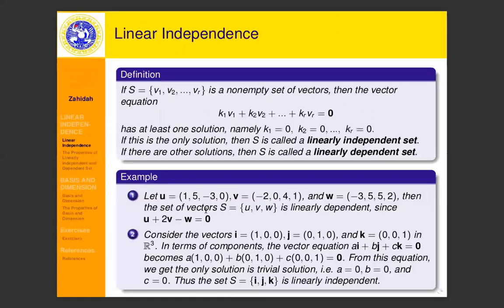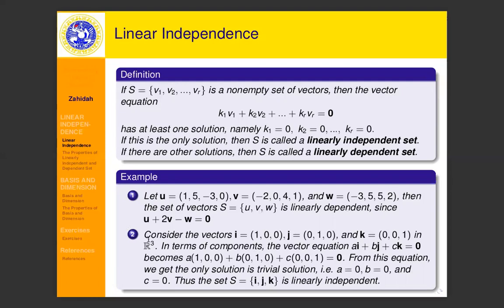Okay, if you take a look at this, like I said before, our vector W here can be expressed as a linear combination of vector U and vector V. That's why this set is linearly dependent.